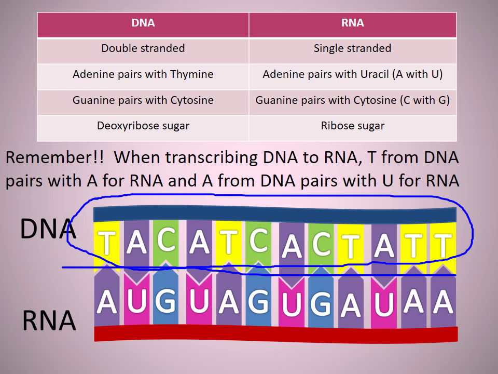Remember, A pairs with T, but when an RNA molecule is being synthesized and there's an A in the DNA position, instead of a T, which is normally the case for DNA replication, for this mRNA synthesis a U will take the place of the T. That's very important, especially when you are working on your worksheets through the whole transcription process. Whenever you see an A in the DNA strand, you know that A will pair with a U in our RNA strand. You need to understand this concept before you move further. Okay?